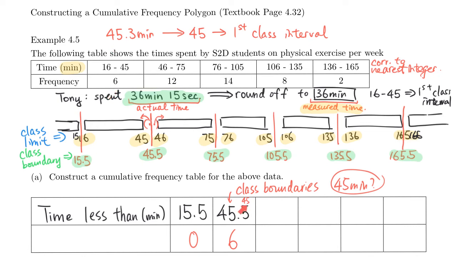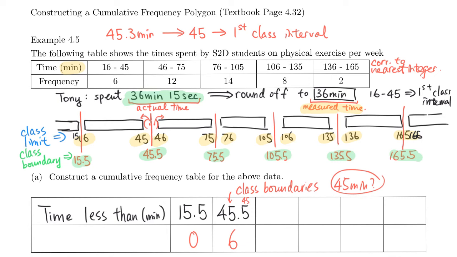If you just write less than 45, then you don't know if it's all 6 students in this group. So remember, the separation line is the class boundary. We have to use class boundary here. This is the main difference from the histogram. Do you still remember, for the histogram we use class marks, and for this one we use class boundaries.